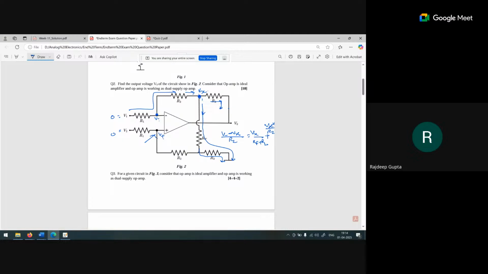Sir, can you please solve this now? Okay. So the first thing is that we consider that only V1 is present. This voltage is 0. V2 is 0 and V1 is present.